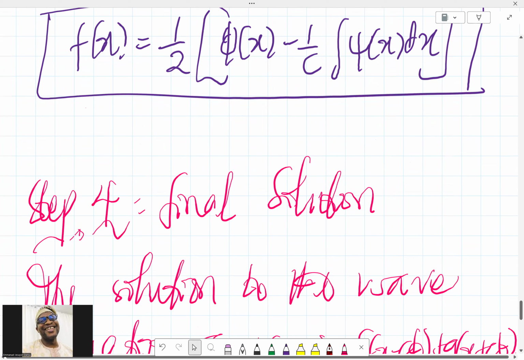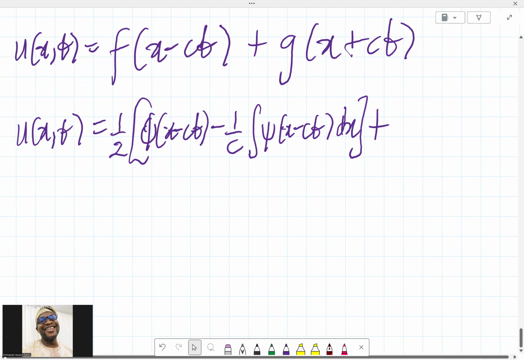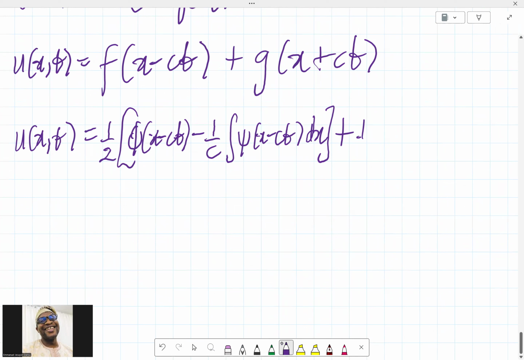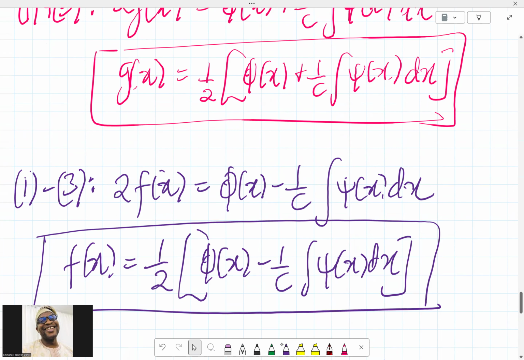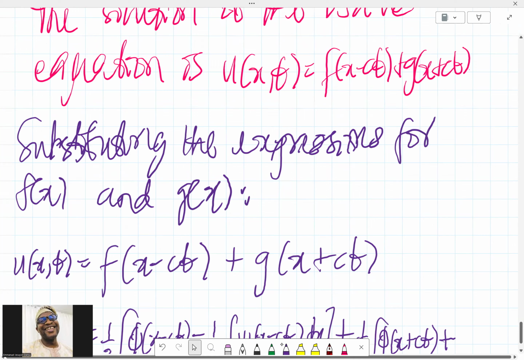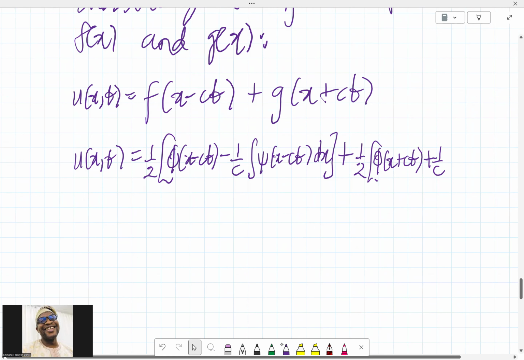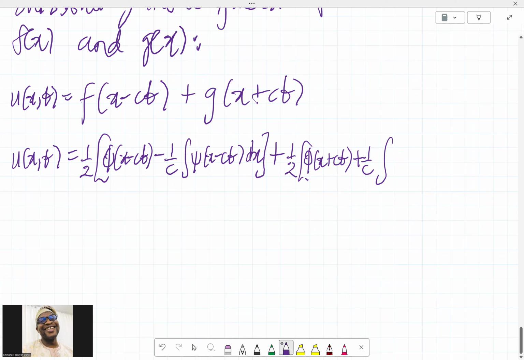So we just have exactly the same expression with plus. So we have 1 over 2 into phi of x plus ct, plus 1 over c integral of psi of x plus ct dx, because for g it's plus.